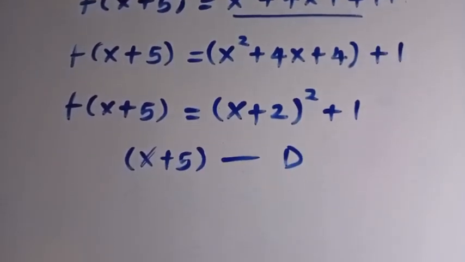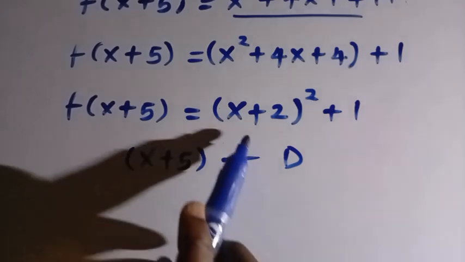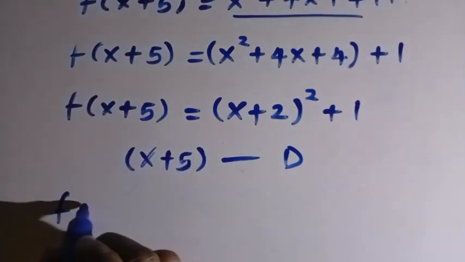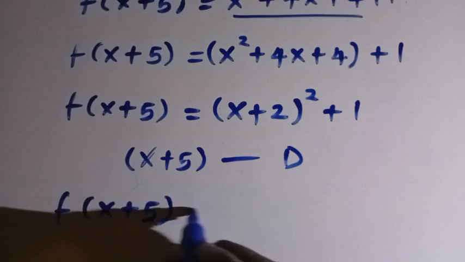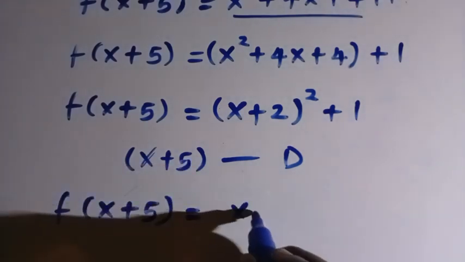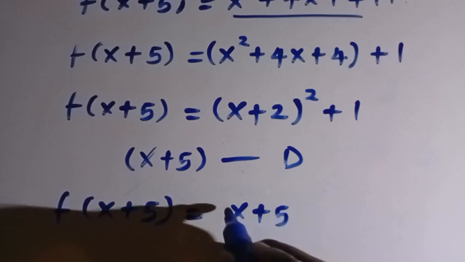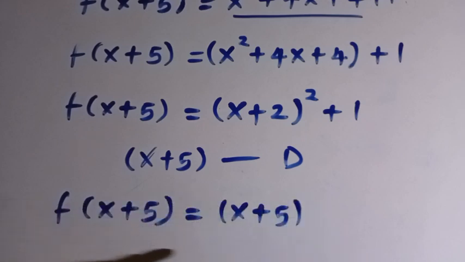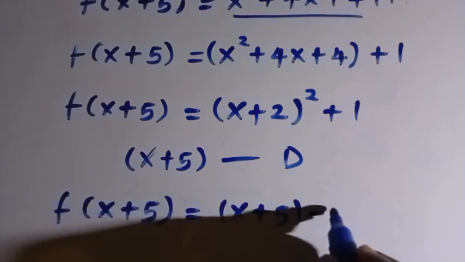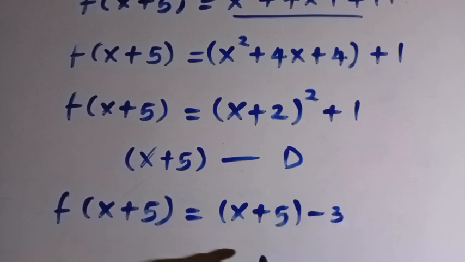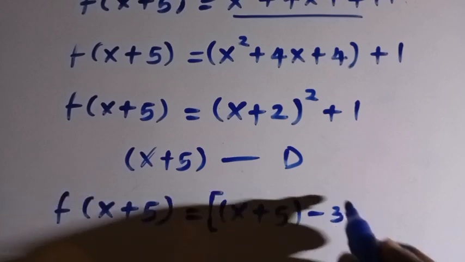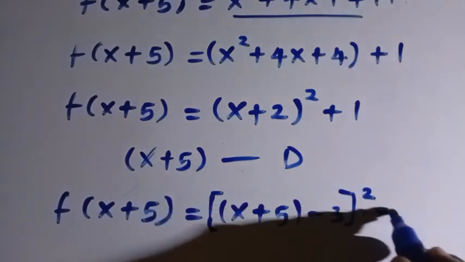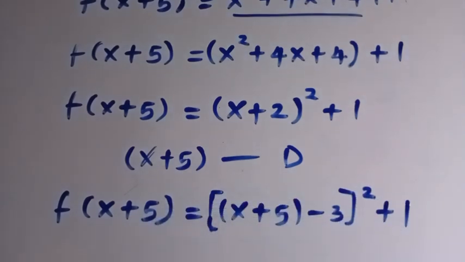Then what we are going to do here is manipulate this. So f of x plus 5 equals, if I change this one to x plus 5, but initially I have x plus 2, it means I'm going to subtract 3 from here. After I've subtracted 3, I put everything in bracket, then squared, plus 1.